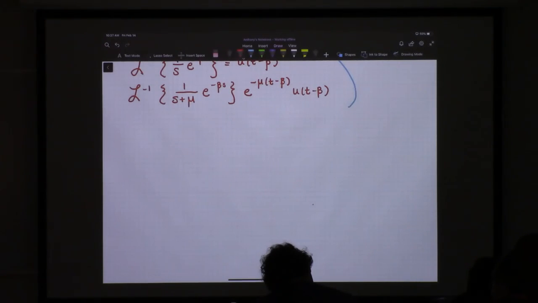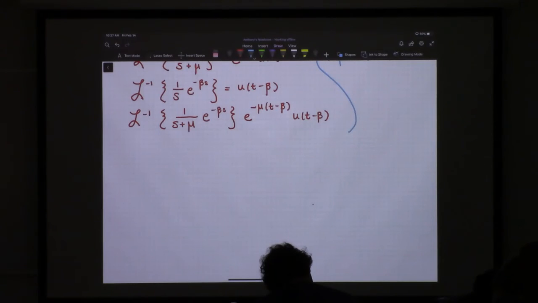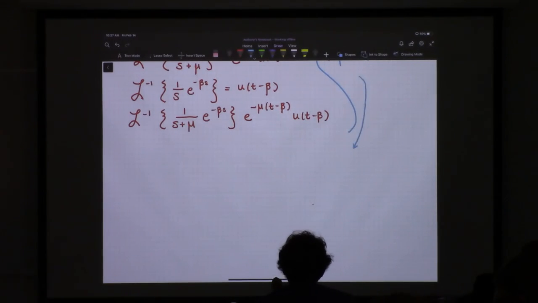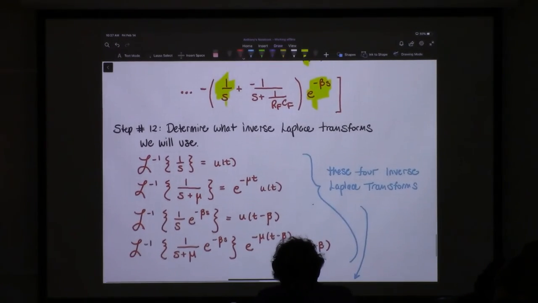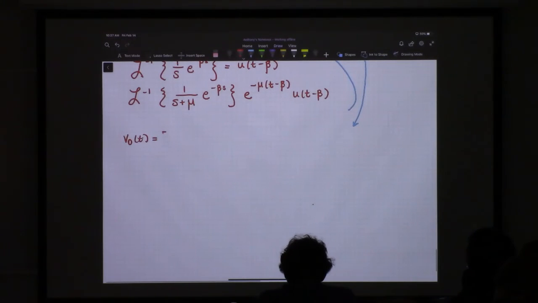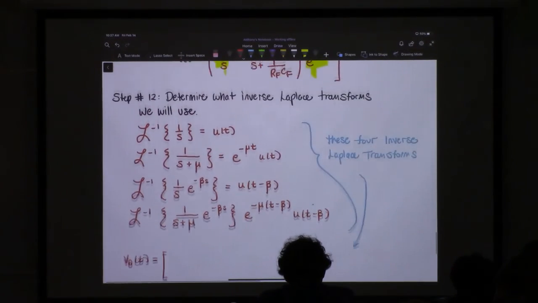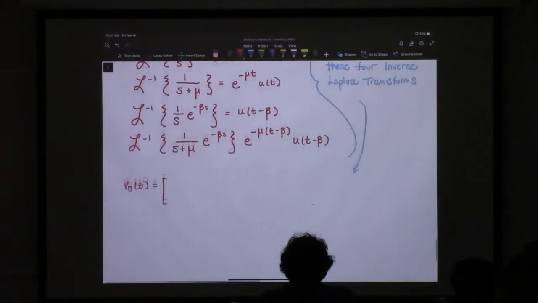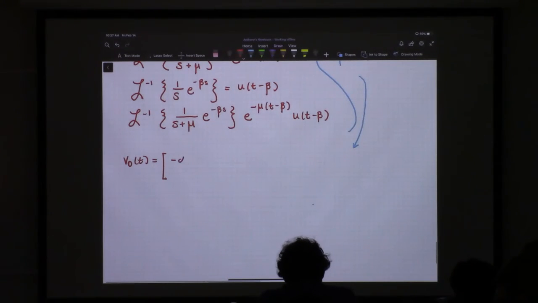So VO of t. And I don't have room above, so I'm going to put it below. So VO of t is equal to, we'll pull out the coefficient by itself. Finally, I'll get rid of all these extra terms. So it'll be negative alpha RF.